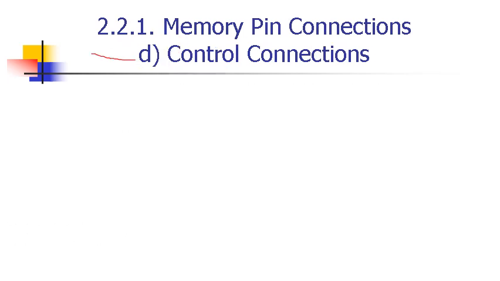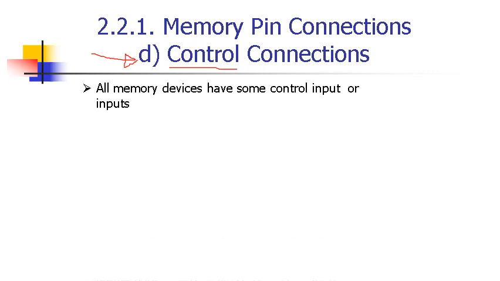And then the fourth type of connections to the memory is the control connections. So we discussed address connections, data connections, chip select connections, and now the control connections. These are connections which inform the memory whether data is to be taken outside or brought into the memory.